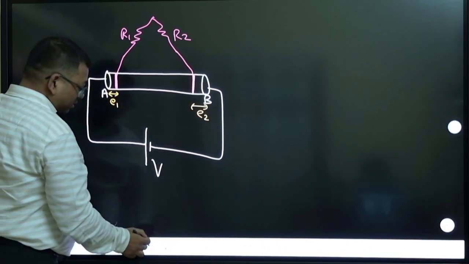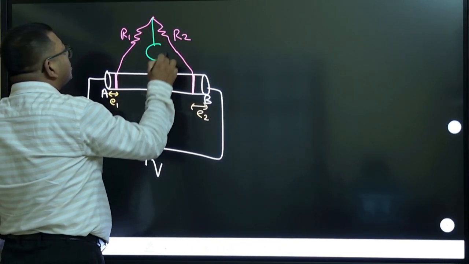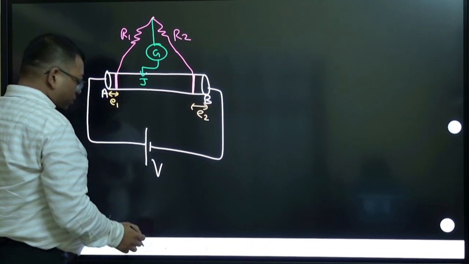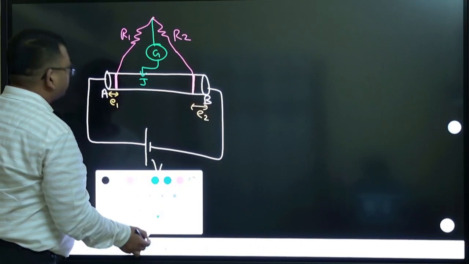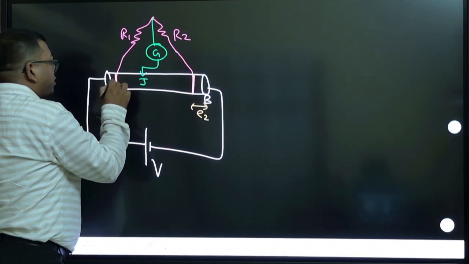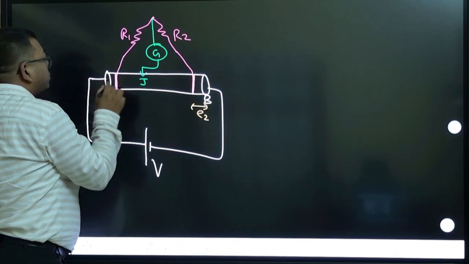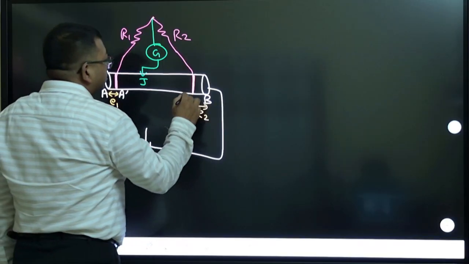Again you will be doing the same thing, the galvanometer will be there and you will be taking this point. What happens is that instead of taking the actual length, you have to consider this point. Let's say this point is a dash and this point is b dash.